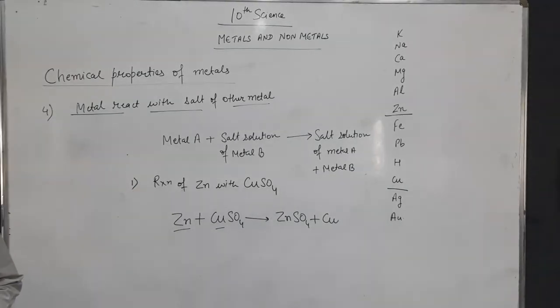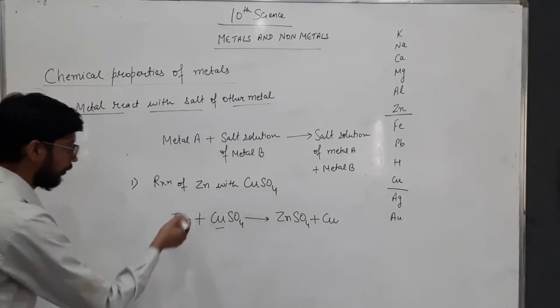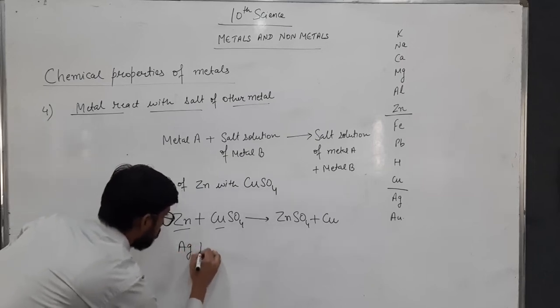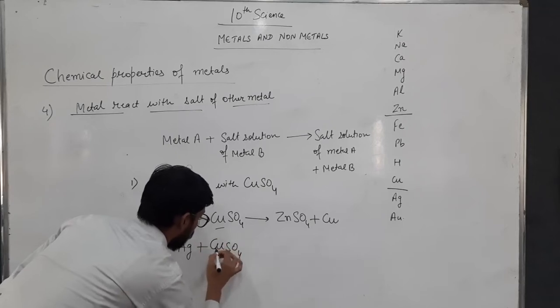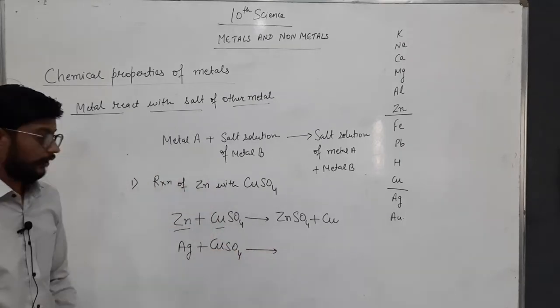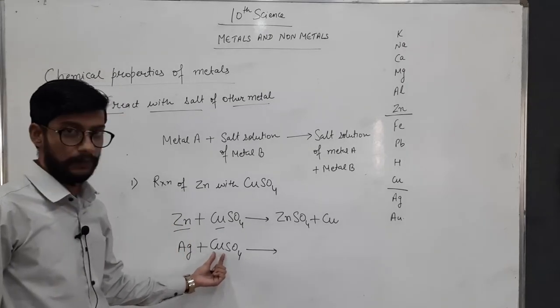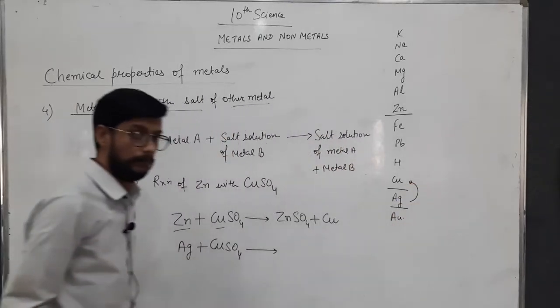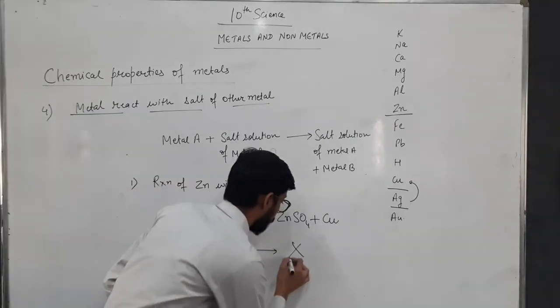Second, instead of zinc, if I add silver, Ag plus CuSO4, so if my metal A is silver and my metal B is copper, since silver is less reactive than copper, this silver will not displace copper, so no reaction takes place.